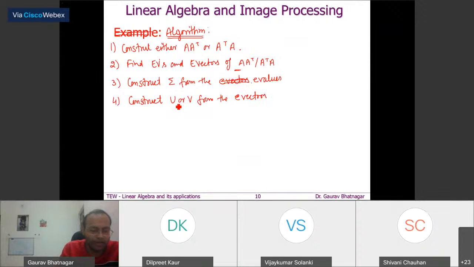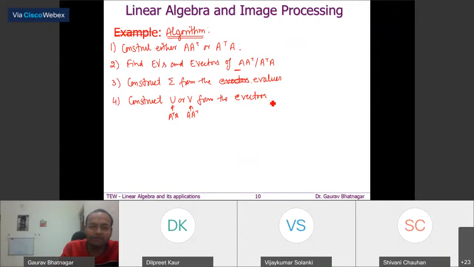So whether you get u or v depends on whether you have A transpose A or A transpose. Generally, A transpose will lead to v, and A transpose A will lead to u. So if you chose A transpose in the first step, you will get the sigma and v, and if you chose A transpose A, you will get the sigma and u.